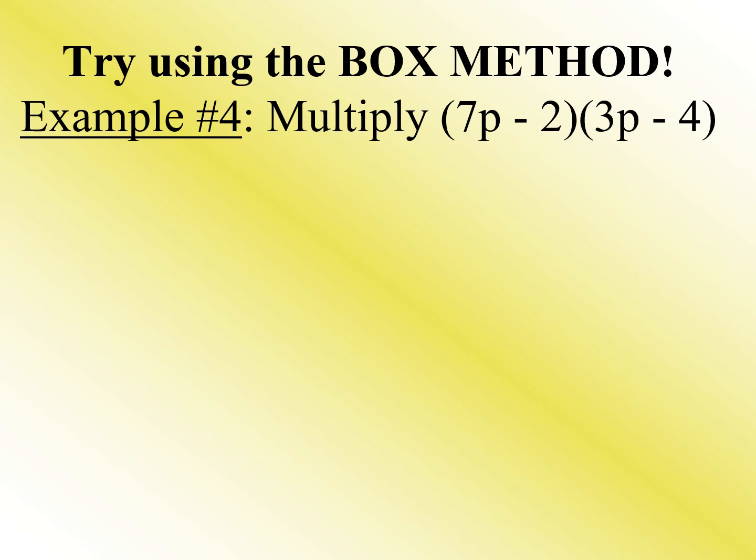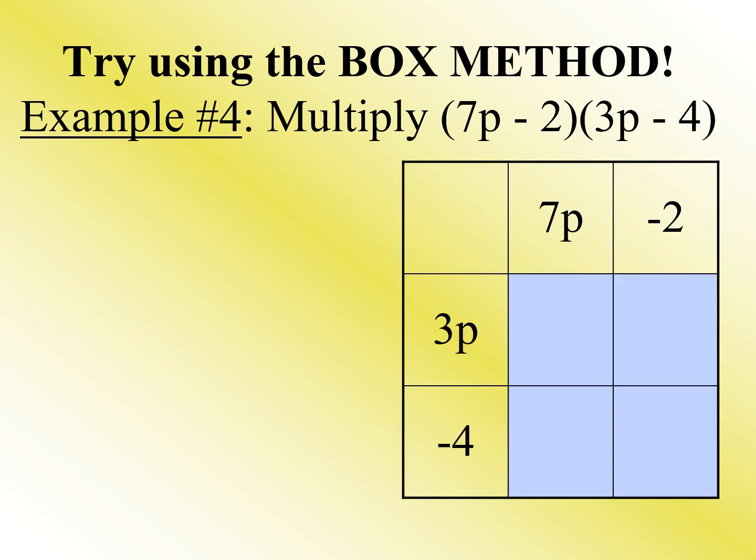So we have the quantity of 7p minus 2 times the quantity of 3p minus 4. Okay, so we draw the box and we put the first binomial on top. The same goes with the second binomial. We put it at the side. Okay, and then we multiply first terms first.